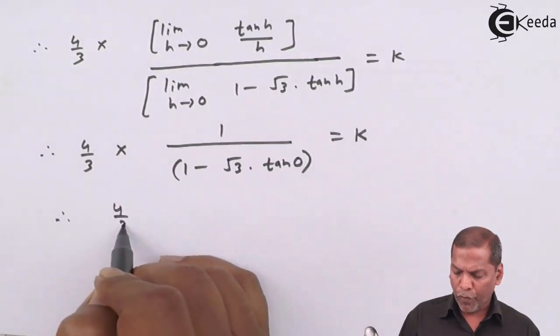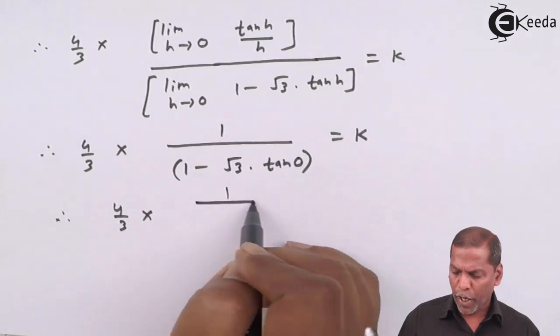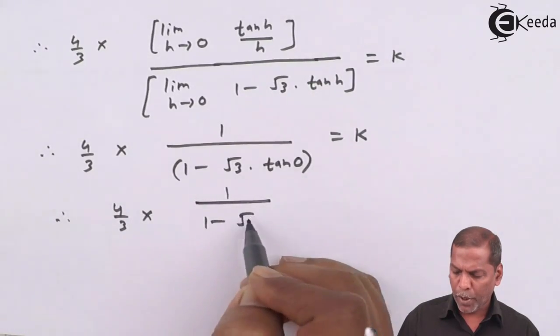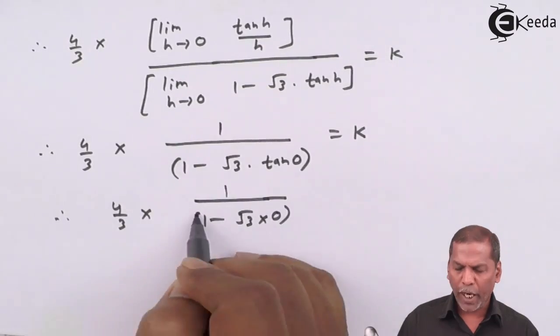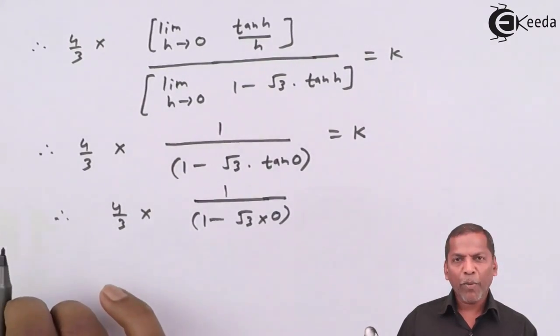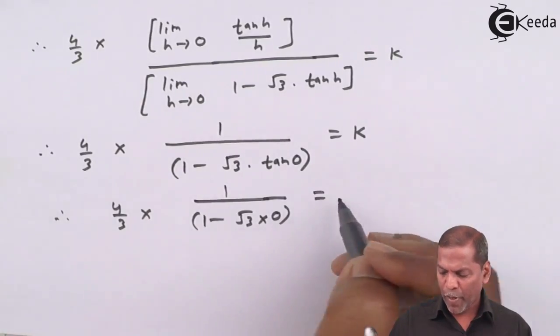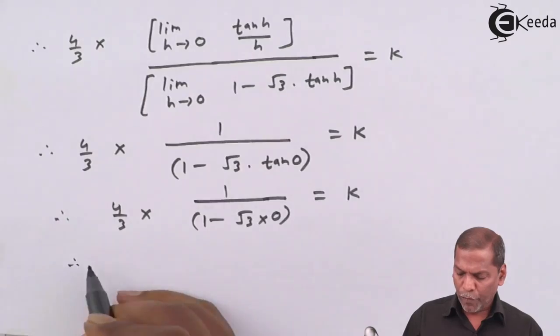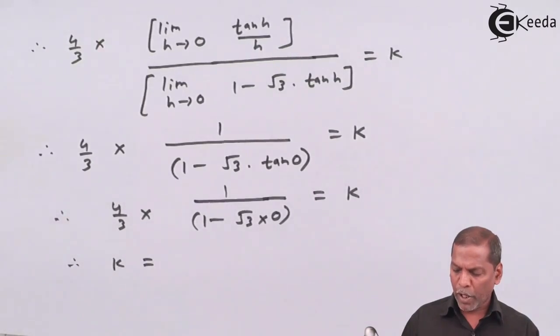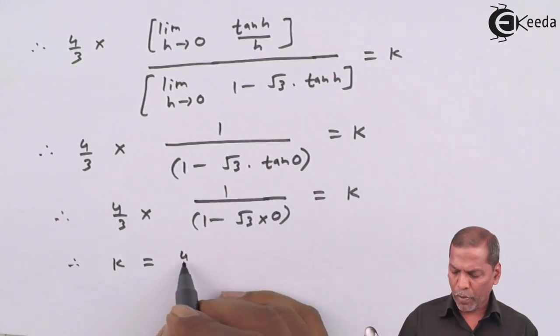So therefore 4 by 3 into 1 upon (1 minus root 3 into tan 0), now tan 0 is 0, that we get from the trigonometric table, and that equal to k. So finally k is equal to 4 upon 3.